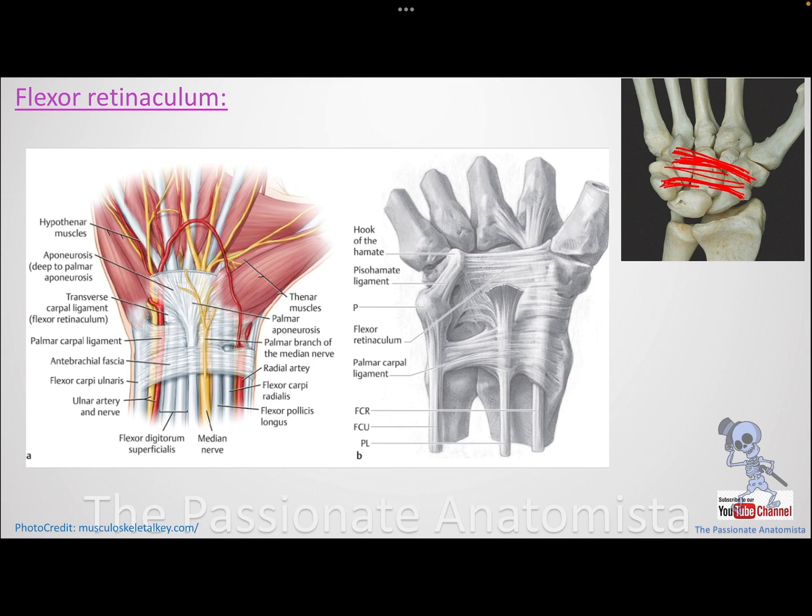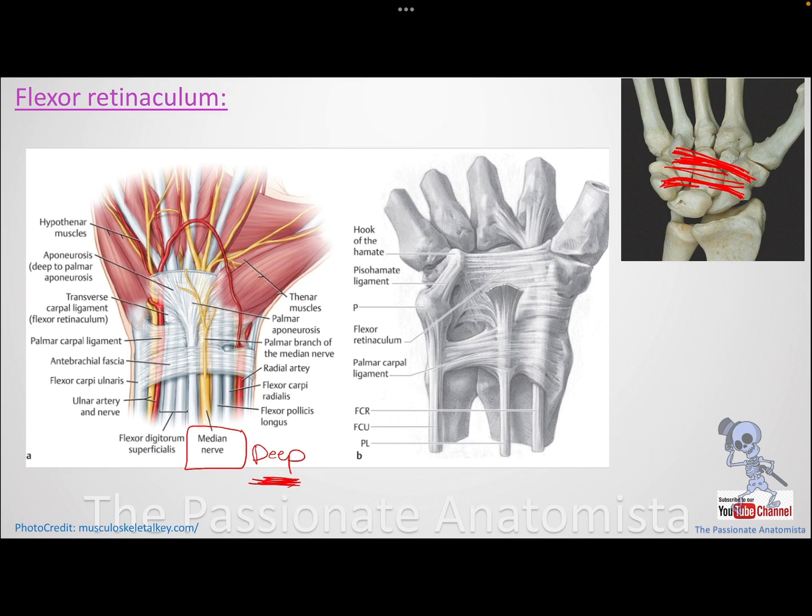Now, what are the structures that do not go deep to it? Superficial structures, and that can also be asked, like which of the following is a superficial structure to the flexor retinaculum? You need to, guys, know that the median nerve is deep to the retinaculum, deep. Let's finish the deep structures. The deep structures are the tendons plus the median nerve.